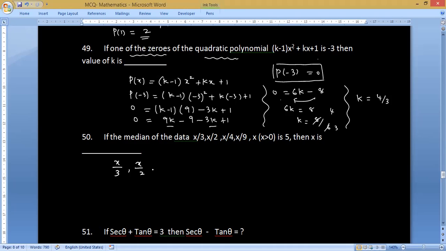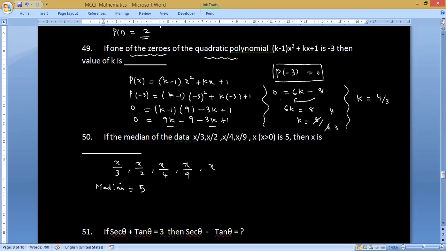The median is already given: median is equal to 5.